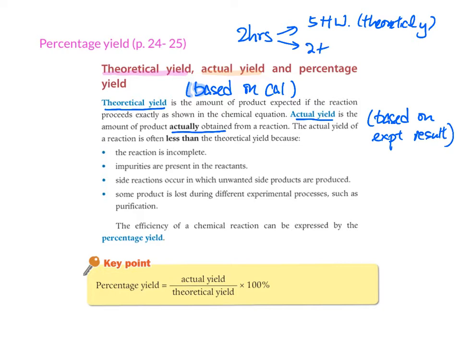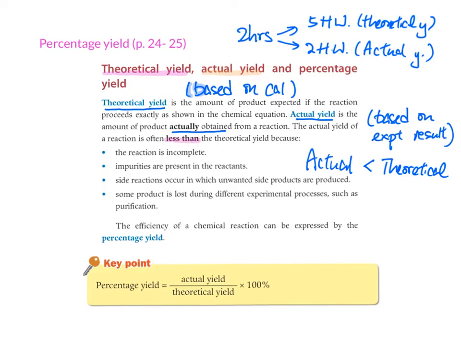Then at the end, you just finish 2 homework. So that will be the actual yield. In most cases, you will find that the actual yield will be smaller than the theoretical yield.